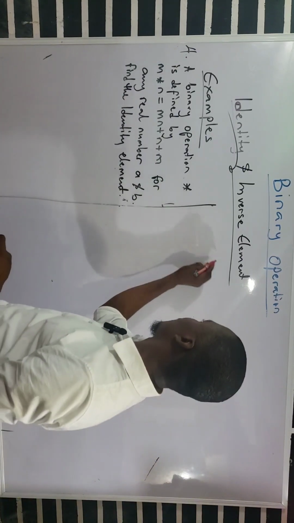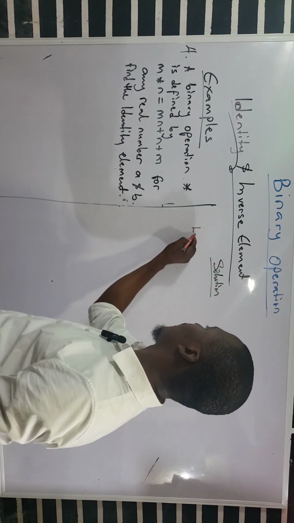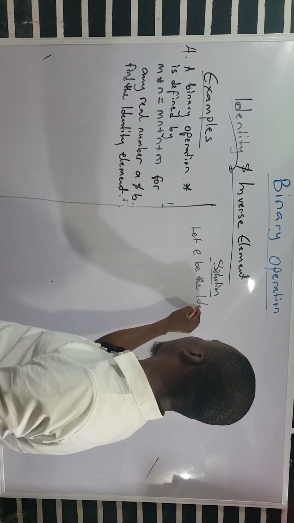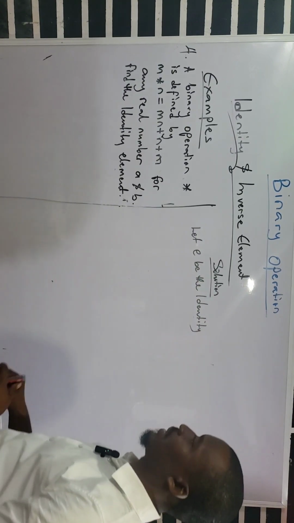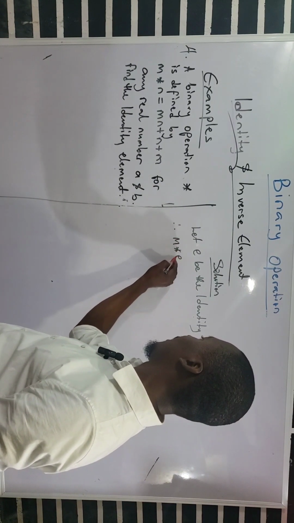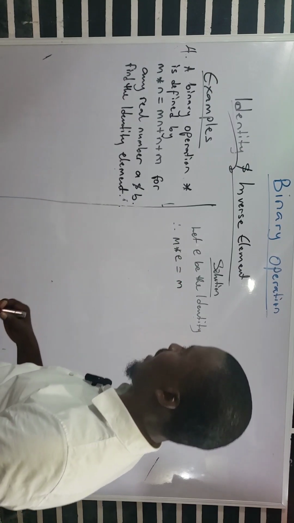So all we need to do is to have our solution and let E be the identity. So if E is the identity, therefore M binary E will give us what? Will give us back our M.